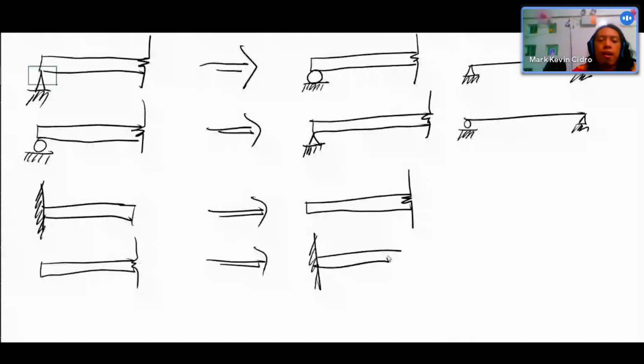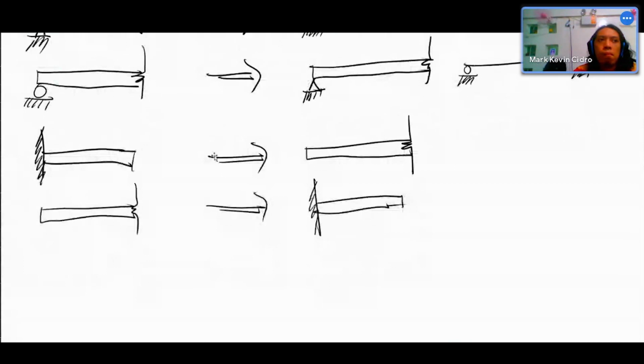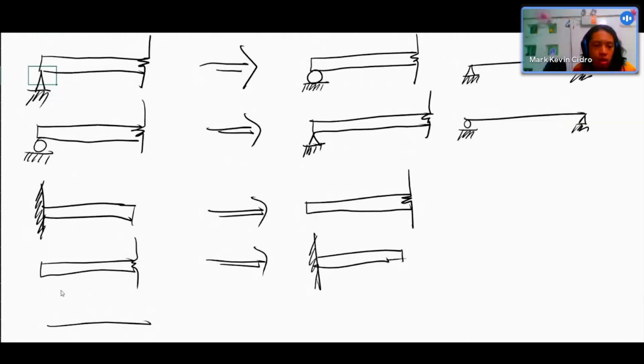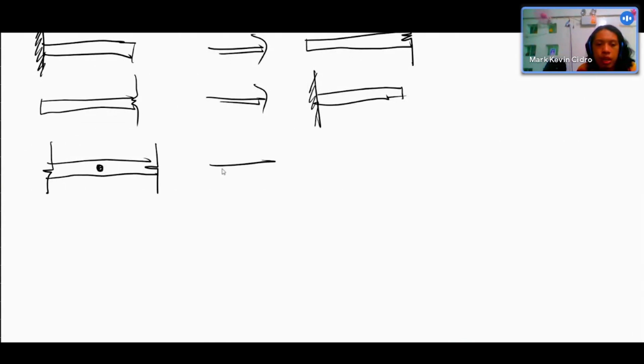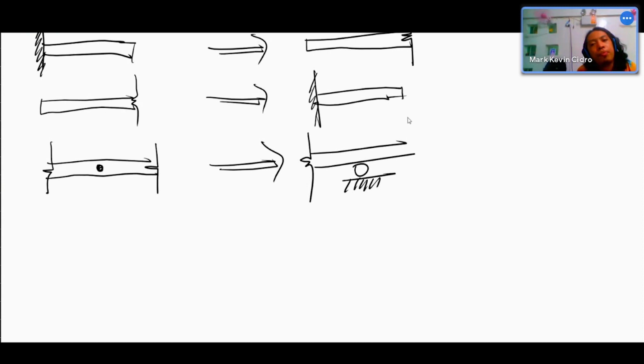Okay? What else? Internal hinge or internal pin becomes an internal roller.